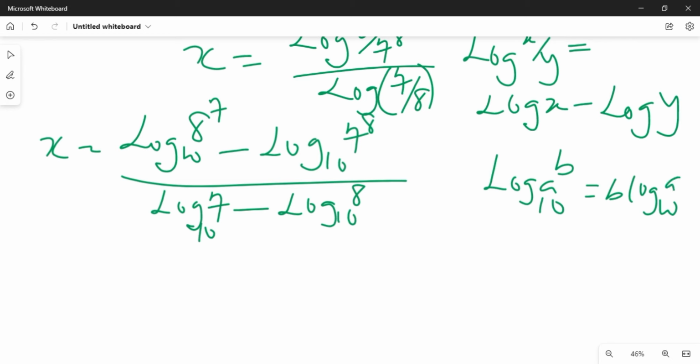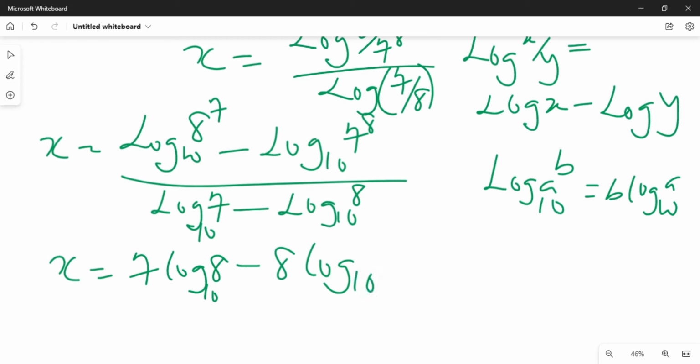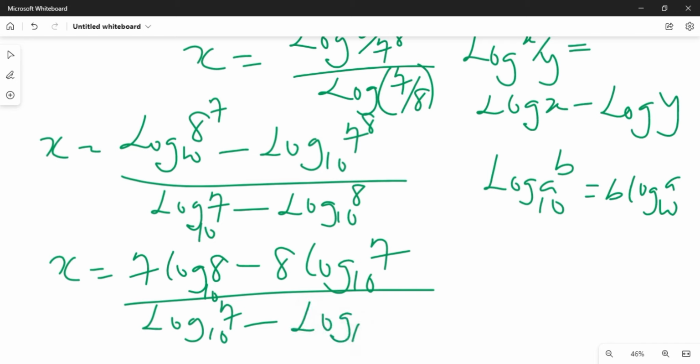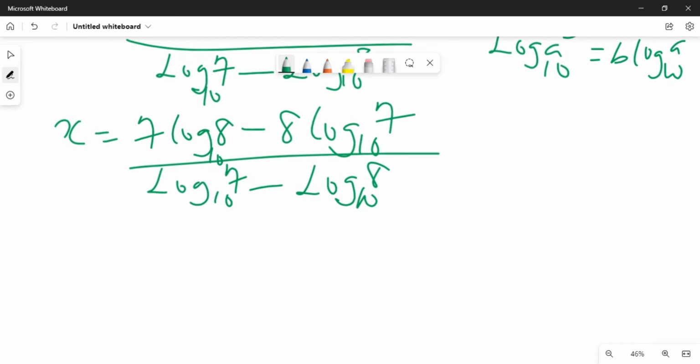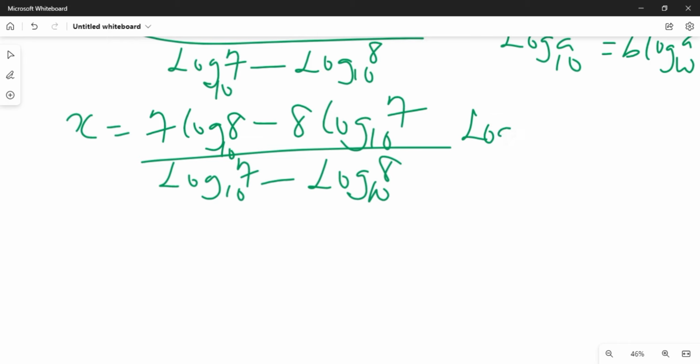If we simplify this further, we're going to have x equal to 7 log 8 minus 8 log 7 all over log of 7 minus log of 8. So if we have this, we are simply going to find the value of log of 7 and then the log of 8.